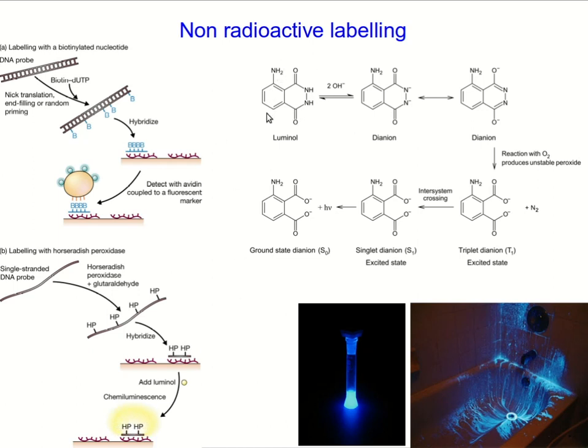Using luminol, horseradish peroxidase will carry out this reaction, which creates an unstable product, and this unstable product will generate an end product and a photon of light. This is an example of luminol in action.